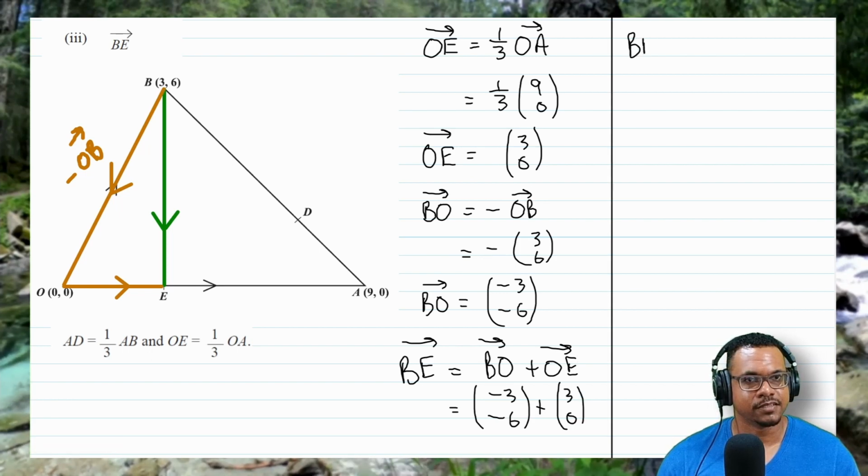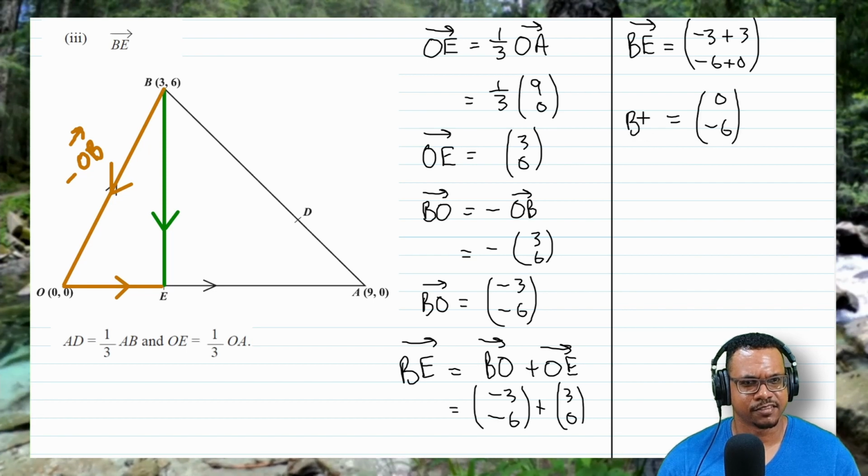So we have B to E is equal to -3 plus 3, and then -6 plus 0. So -3 plus 3 is 0, and -6 plus 0 is just -6. And that's my vector B to E.